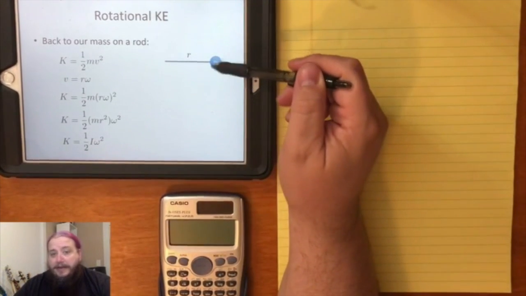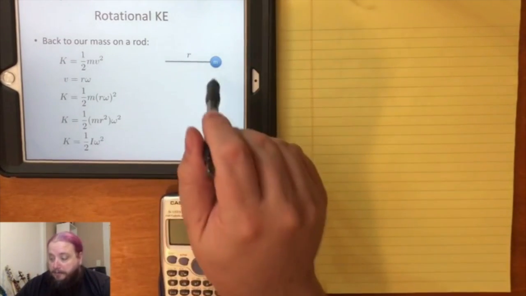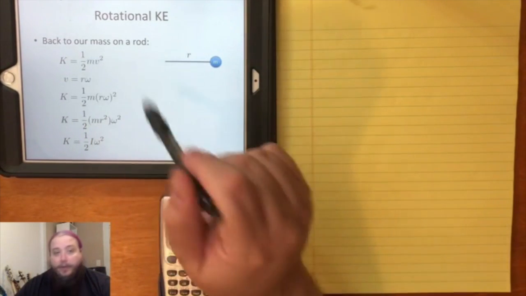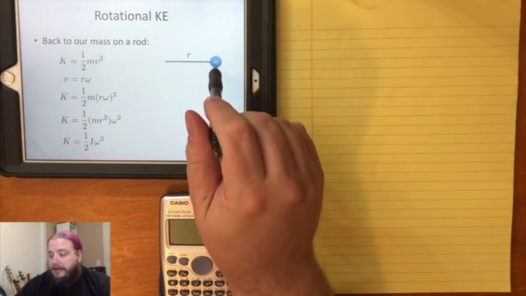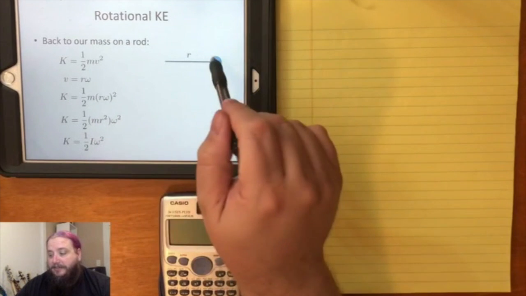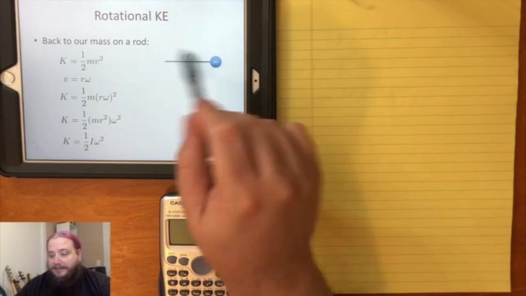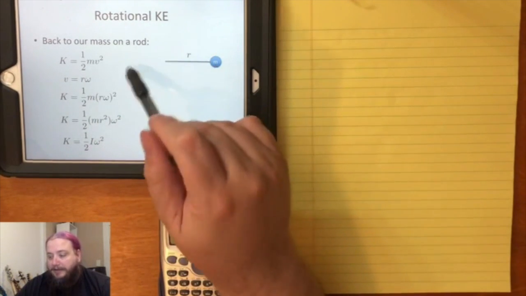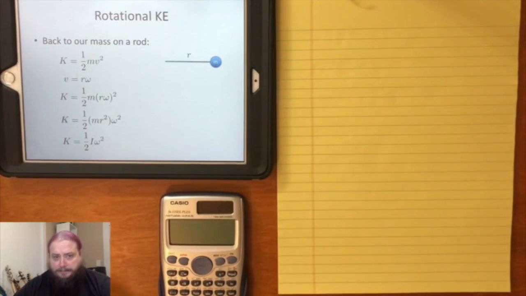So the linear kinetic energy of our moving object will just be 1/2 mv squared, and in this case the tangential velocity is related to the angular velocity by v = r omega.